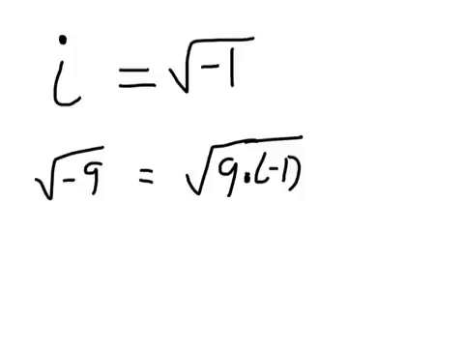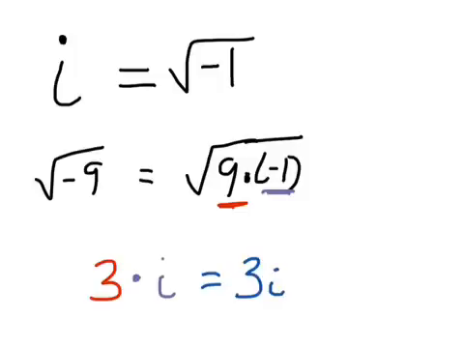So we can pull out that 9 as a 3, and we can pull out this -1 as an i, and say the square root of -9 is 3 times i. We can just treat that i kind of like a variable. 3 times i is 3i.